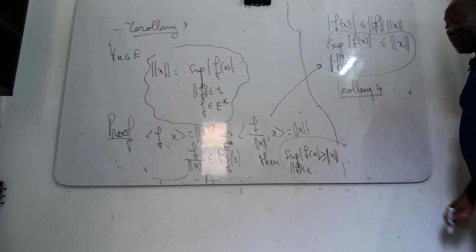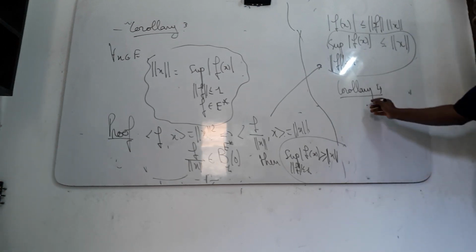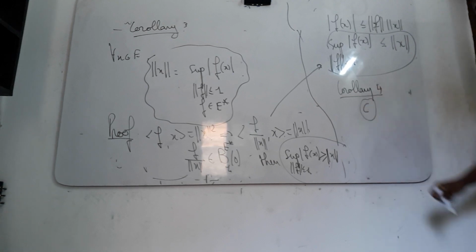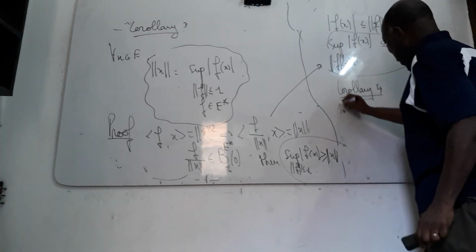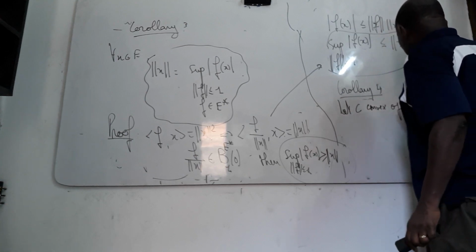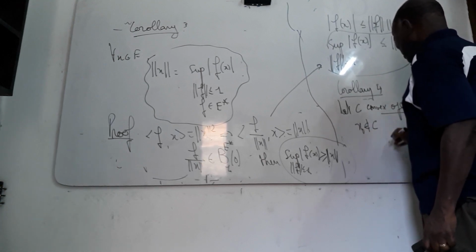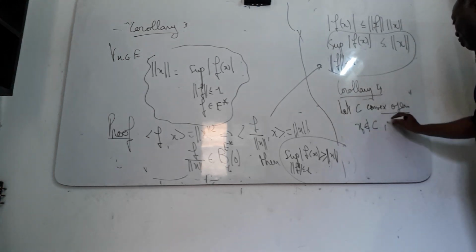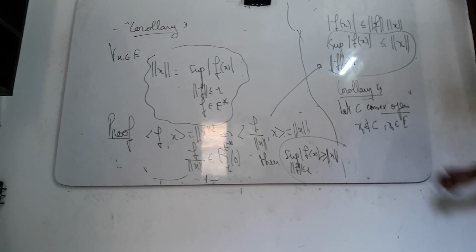Particularly, in the same condition, you have to prove some. When you have C, which is a convex set, and you consider phi, which is a closed set, not contained like this. Let C be convex and open, and say that x0 is not an element of C, with x0 an element of E. This one is convex and open.